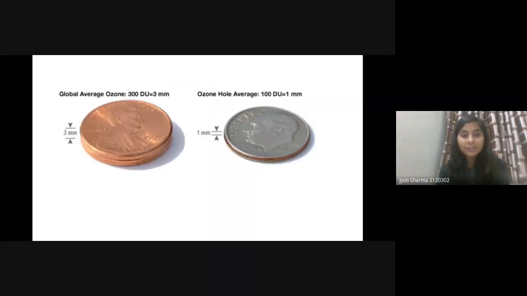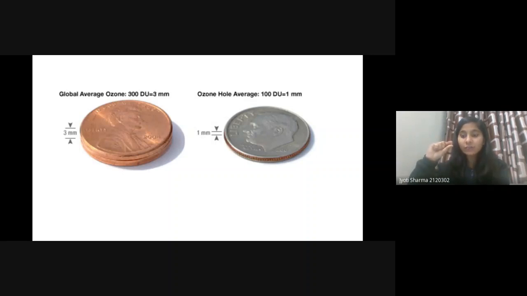And here by this figure, we can see the average global ozone we have. This is mostly 300 Dobson units, and 300 Dobson units is equal to 3 mm. So 3 mm is just putting three coins together, one above the other.